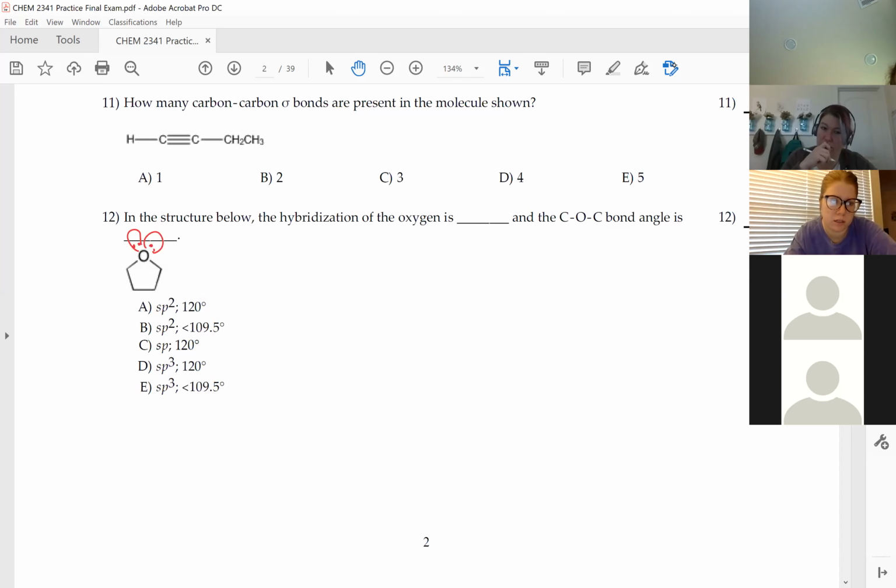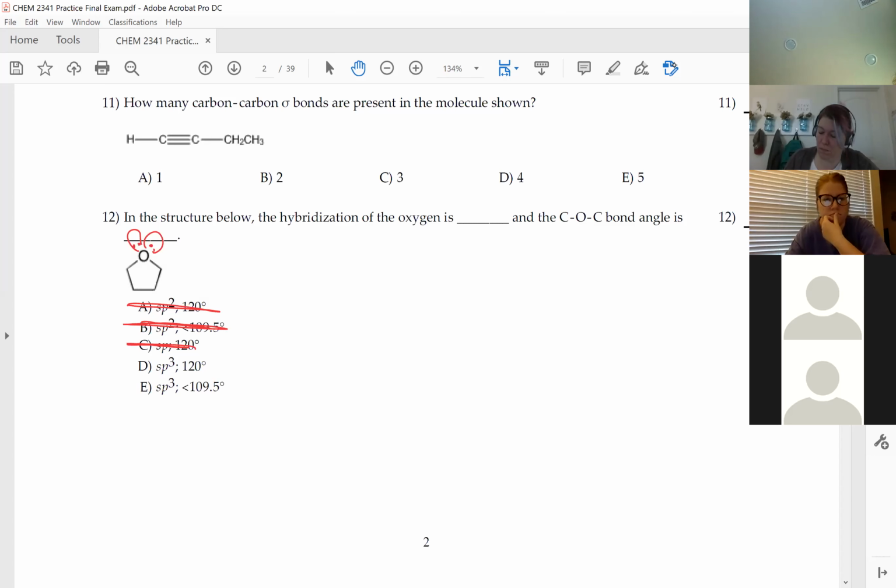It has to be sp3 if it has 4 things attached to it. So that gets rid of the first 3 options. The other reason that we're going through this way is because your exam is going to be multiple choice. So I also want to show you how you can eliminate some of your answer options.